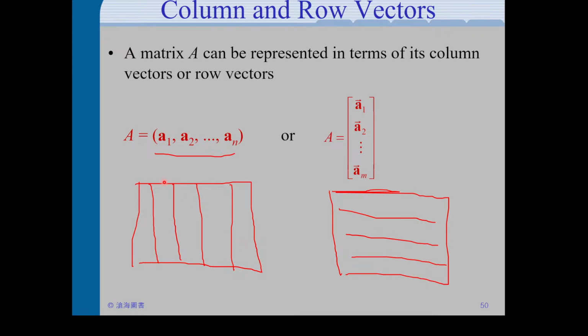Whenever we have a matrix, we can write it as a list of columns, with column vectors a1, a2 to an, and we can also think about the row vectors, also a1, a2 to an, with this vector sign on top.